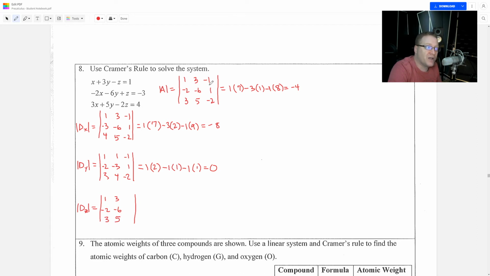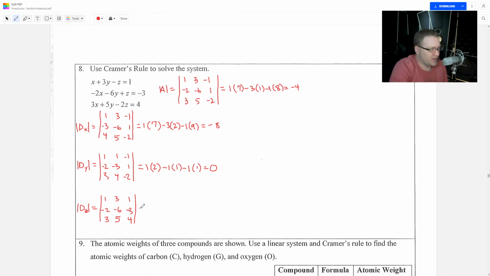But we're going to take away the last column, the z coefficients, and we're going to replace it with 1, negative 3, 4. Not the answers, but the numbers on the other side of the equation. So we have our dz matrix.